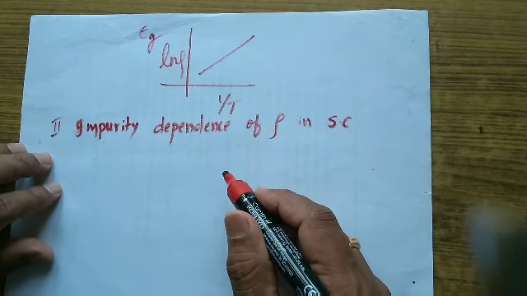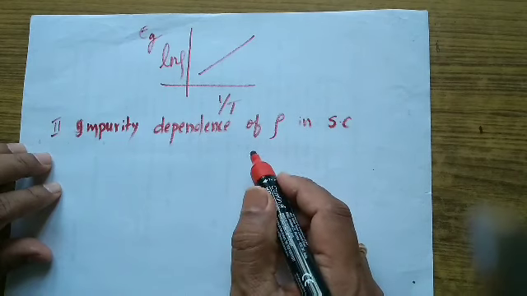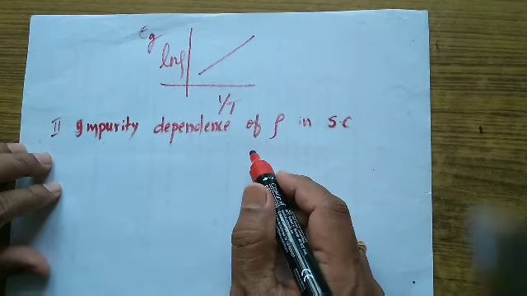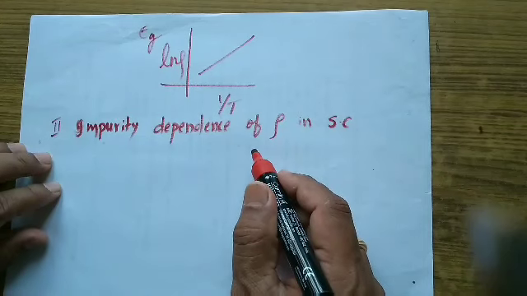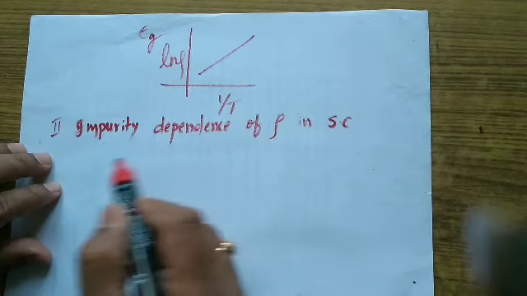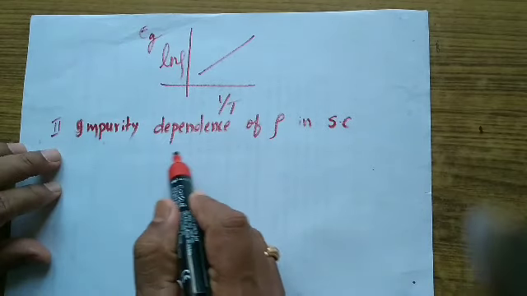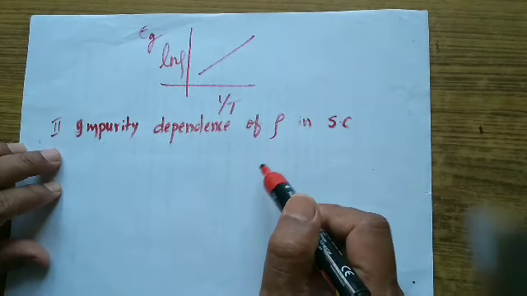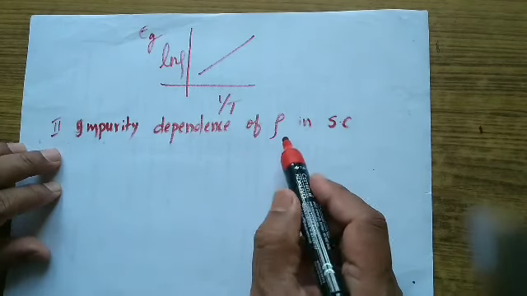This is known as doping. And the electrical conductivity that arises due to impurity concentration is known as impurity conduction. So what do we understand from this? The increase in the impurity concentration decreases the electrical resistivity.